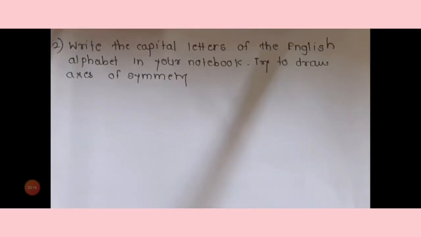Now moving on to the second question. Write the capital letters of the English alphabet in your notebook. Try to draw the axis of symmetry. A, B, C, D in this way.